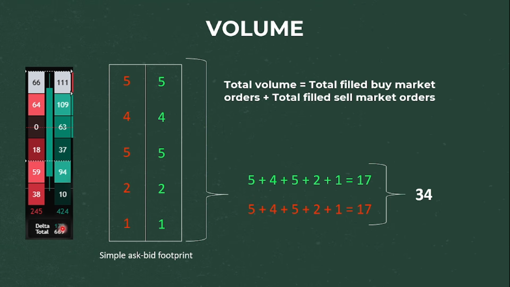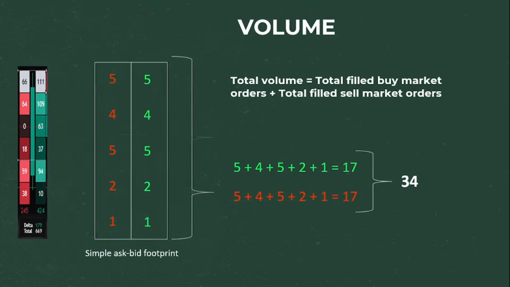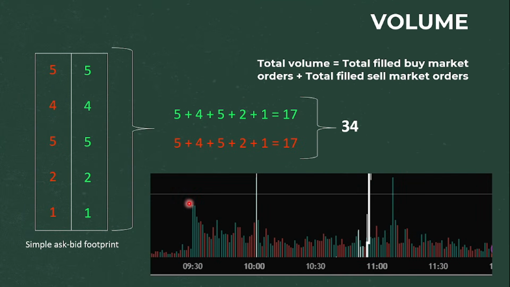I will talk about the delta later, but as you can see, there is a total, and the total is 669. The volume bars show exactly the same thing for the different candles: the total volume executed at each candle.